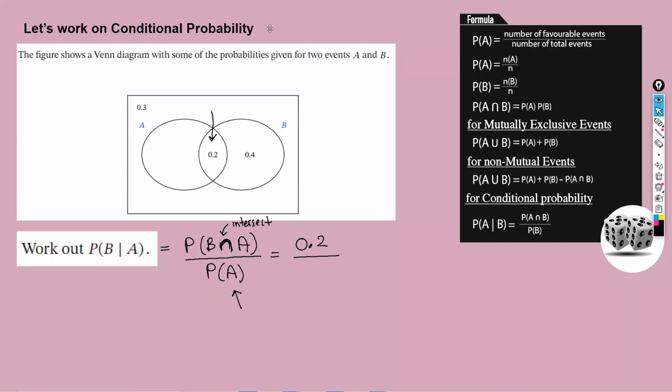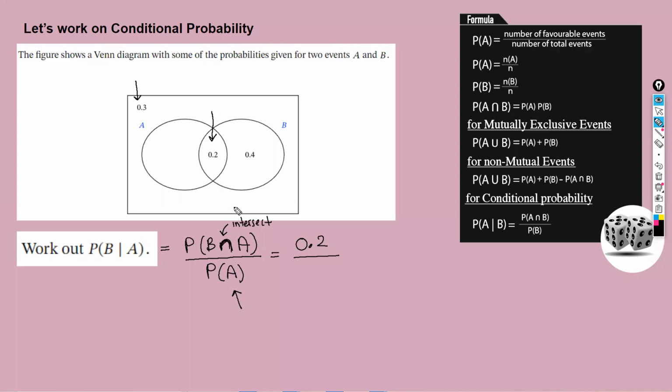So let's calculate how much probability there is. Remember, the total has to be out of 1. I think some of you didn't see this 0.3 outside. How many of you didn't see that? There was a 0.3 lurking on the outside there.